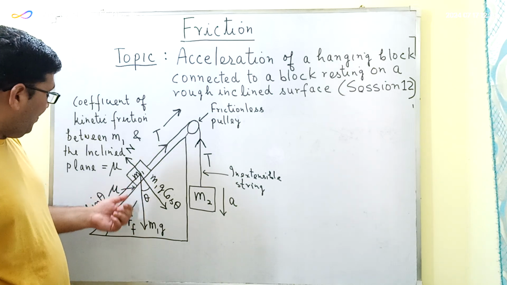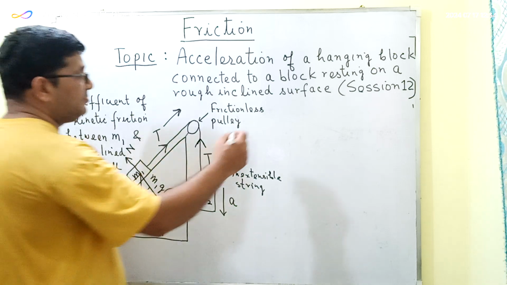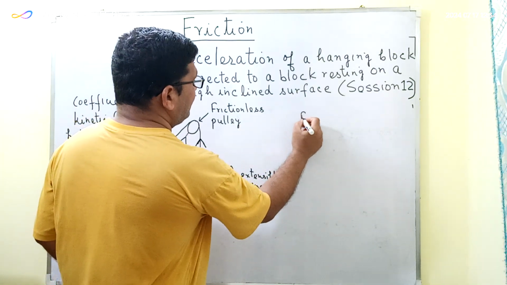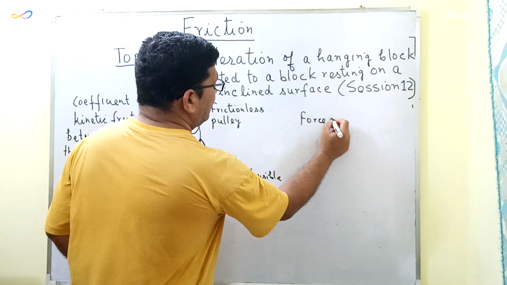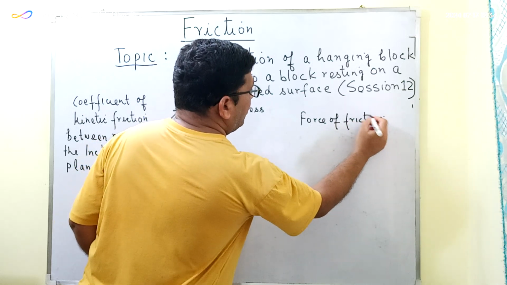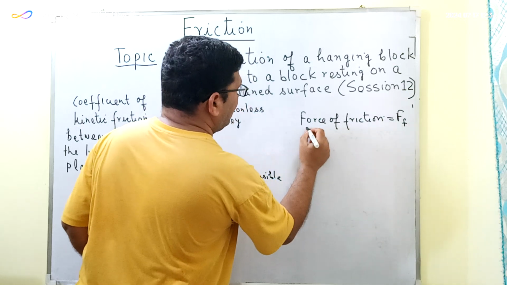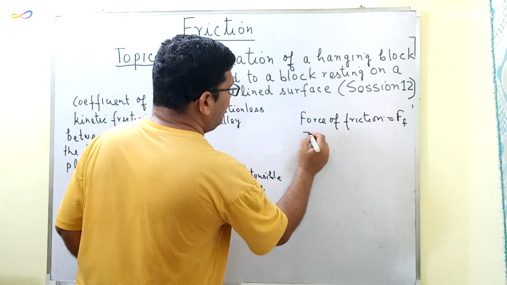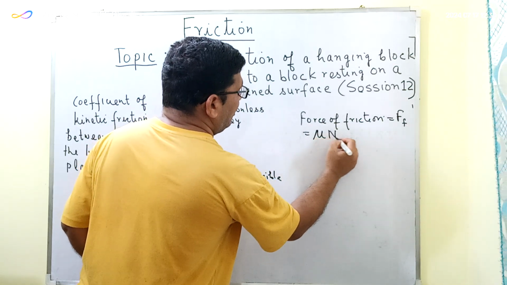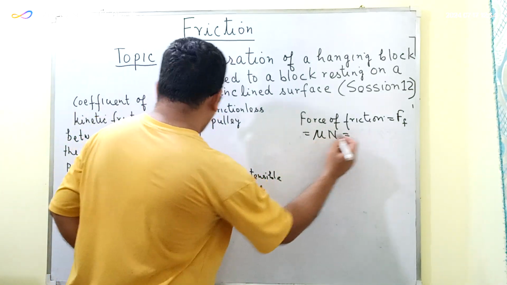Now the coefficient of friction is given here as mu. So the force of friction, which is taken as Ff, will be equal to mu N. The normal reaction here will be equal to m1g cos theta.